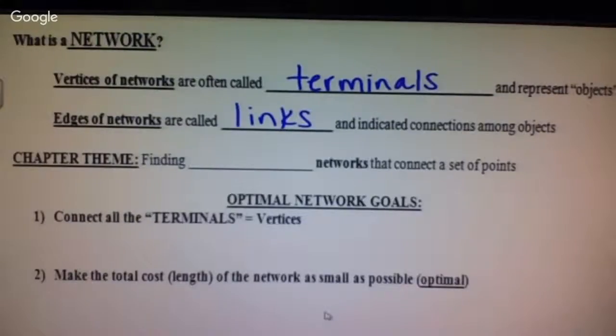We still have dots, they're just called terminals now. We still have lines that connect the dots, they're just called links now. So your theme for this entire chapter is finding optimal networks that connect a set of points.